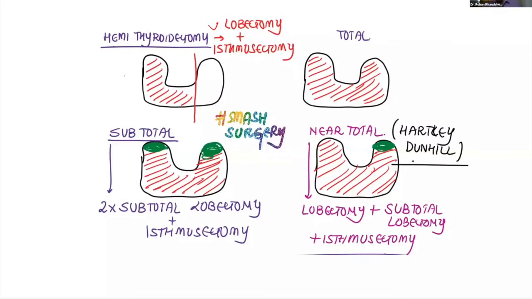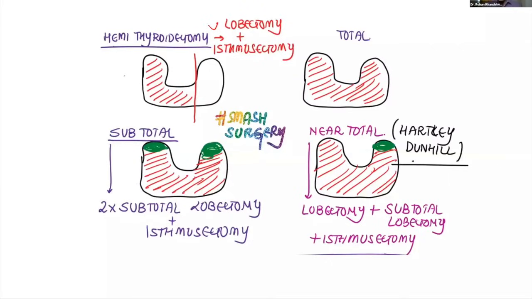Near total thyroidectomy is when one entire lobe and the isthmus are removed, majority of the other lobe is removed, and only some amount of tissue is left on the other side. So that is a near total thyroidectomy, also known as a Hartley-Dunhill procedure. Okay, so these are the four thyroid surgeries.